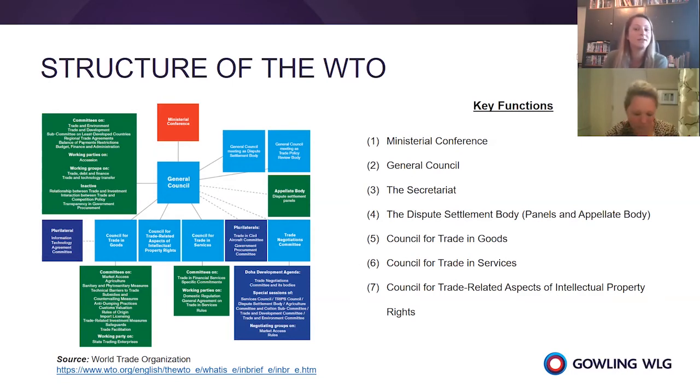Due to decisions being taken by members themselves, the Secretariat does not have a decision-making role itself. We also have the Dispute Settlement Body, which consists of panels and the Appellate Body.